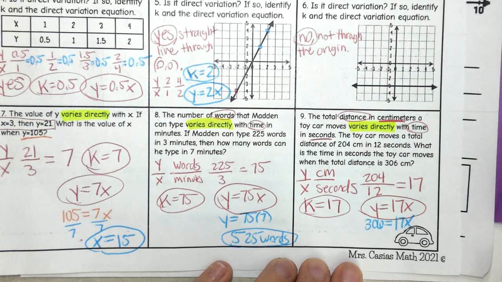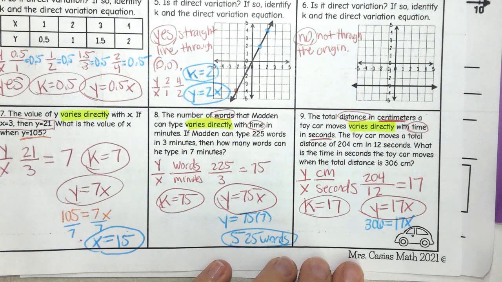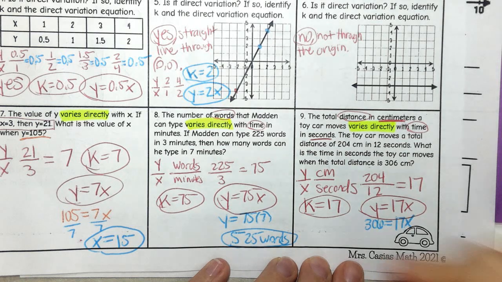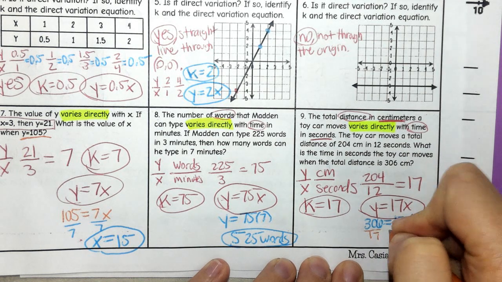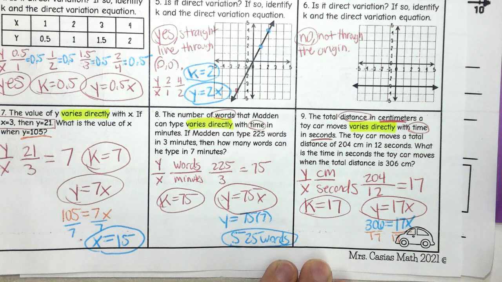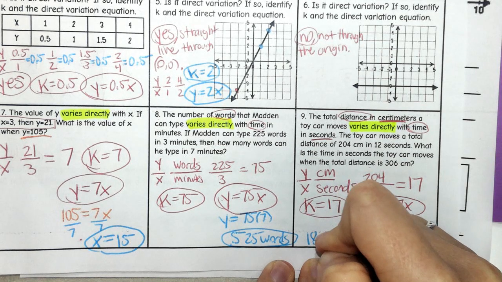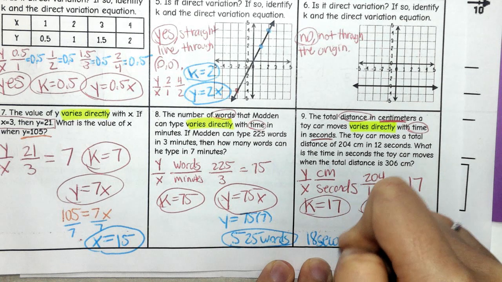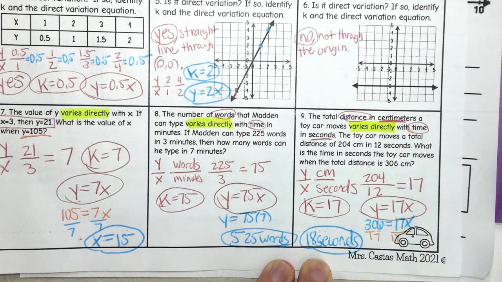That means I have to solve this. How do I end up solving? Good. Divide by 17 on both sides. When I do that, how many seconds does it take? 18 seconds. Very good.